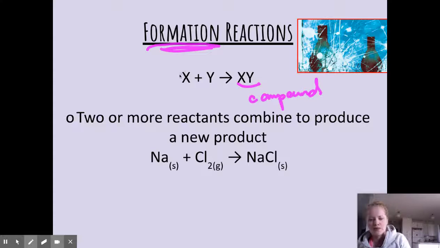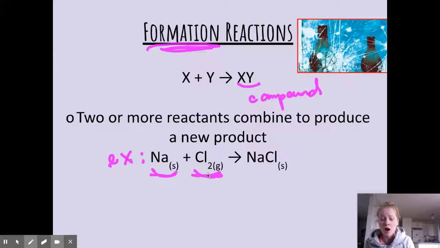For an example, we have sodium just on its own, an element. Chlorine just on its own, it's an element. Remember, chlorine is one of those diatomics, Hofbrinkel, that we learned about last week. It produces or forms sodium chloride, which is a compound.